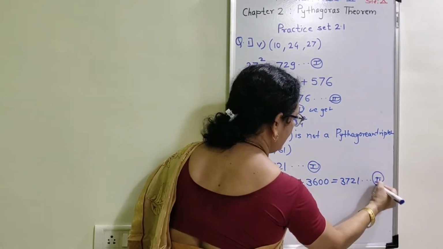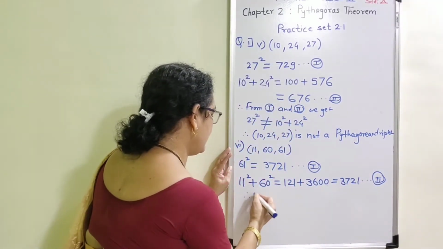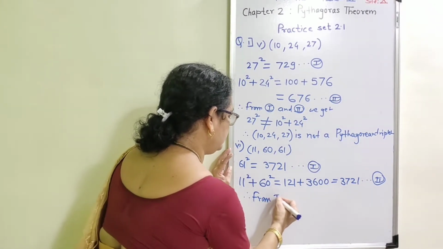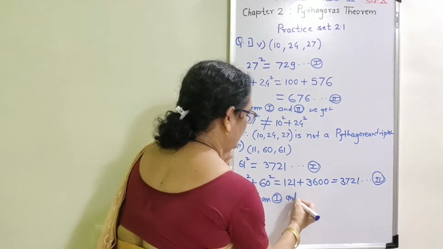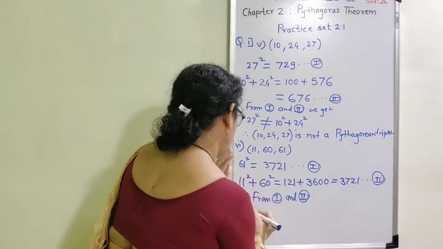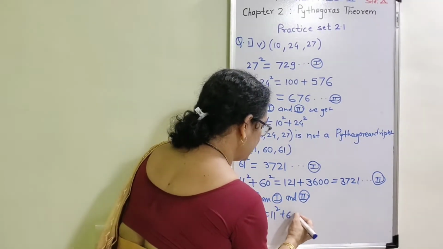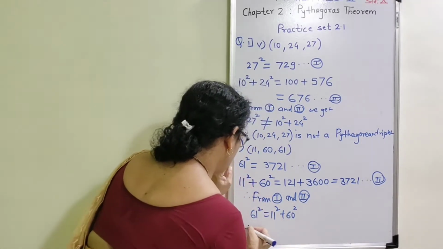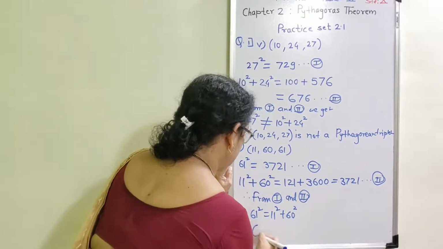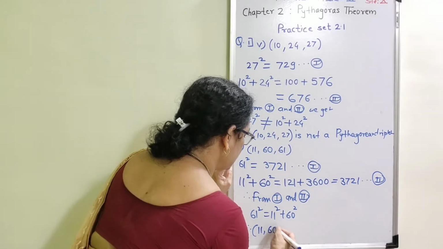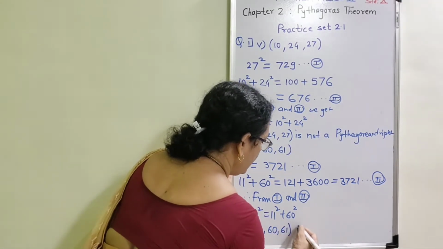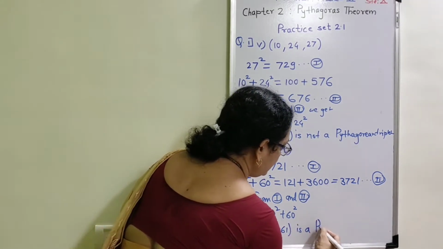This is my statement number 2, and therefore from 1 and 2 I will get 61 square is equal to 11 square plus 60 square, and therefore from this statement I can determine that 11, 60 and 61 is a Pythagorean triplet.